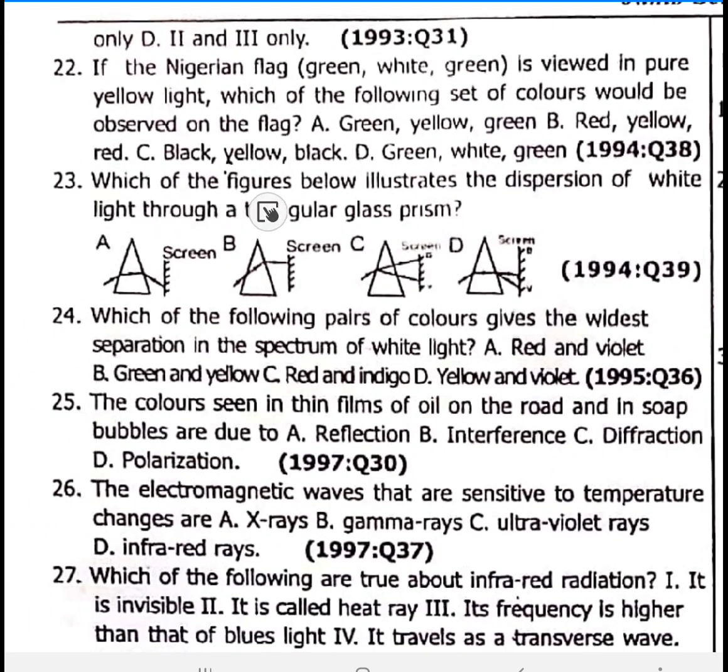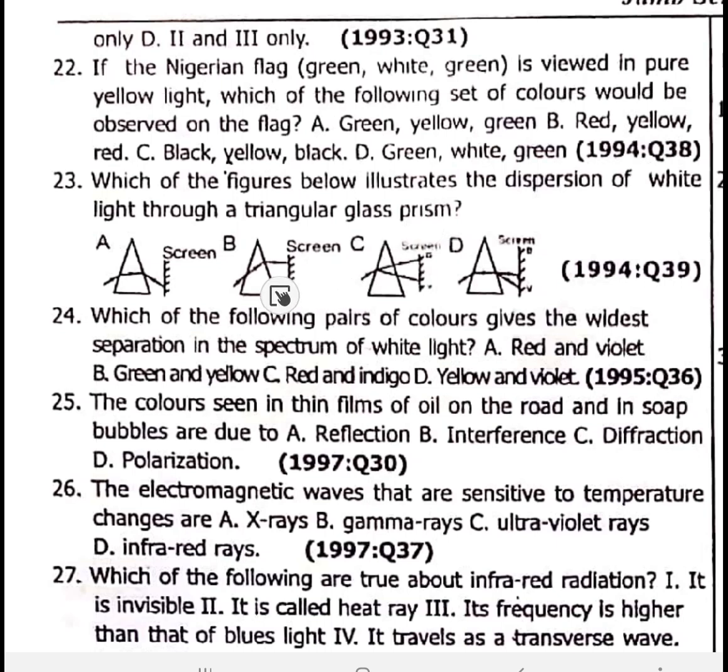22. Which of the figures below illustrates the dispersion of white light through a triangular prism? But before you go, let's jot this down. Black surface absorbs all color falling on it.